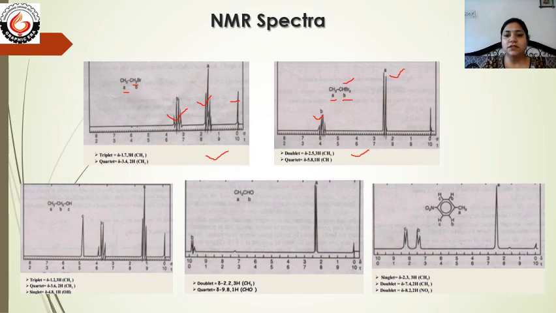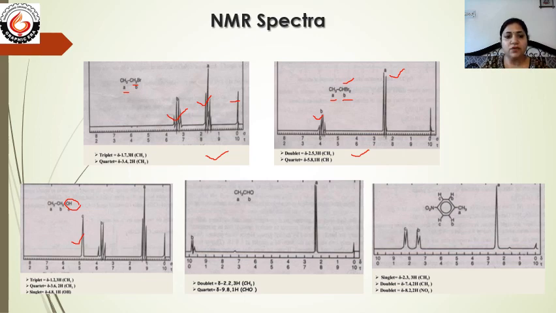Next, if we are going to discuss CH3CH2OH, again the same pattern, A, B, C. Here 3 types of hydrogen are there. The OH hydrogen is directly attached to an electronegative group, so it is most deshielded, and this signal is for the OH hydrogen. Then B and then A, and according to that the splitting takes place.